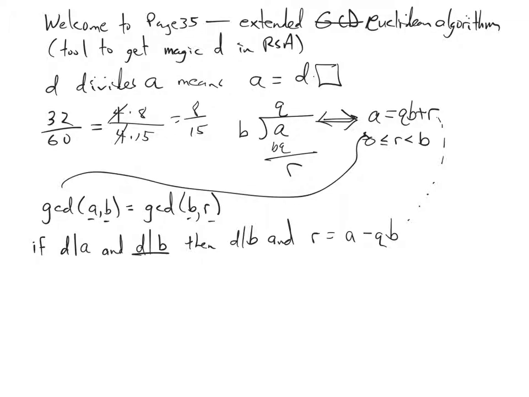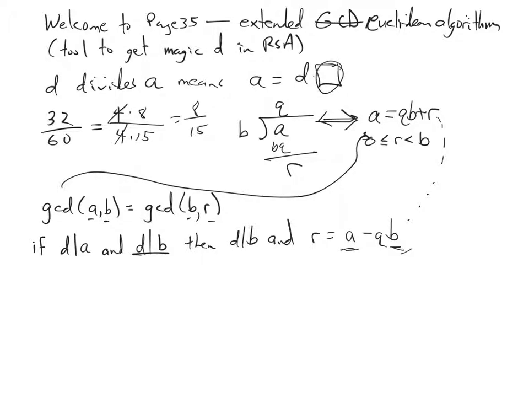It's pretty obvious that if D divides A and D divides B, then obviously it divides anything like this where you add or subtract them and multiply them by stuff.